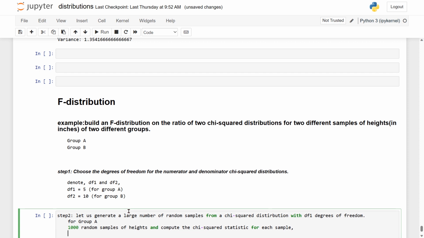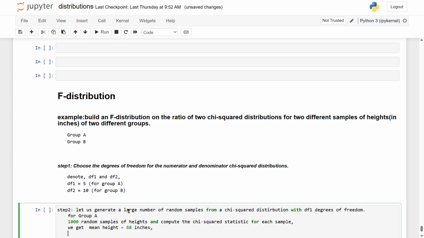Then we will get a mean height of 68 inches and chi-square statistic. After doing that, we got the mean height of 68 inches and the chi-squared statistic. That's very important.